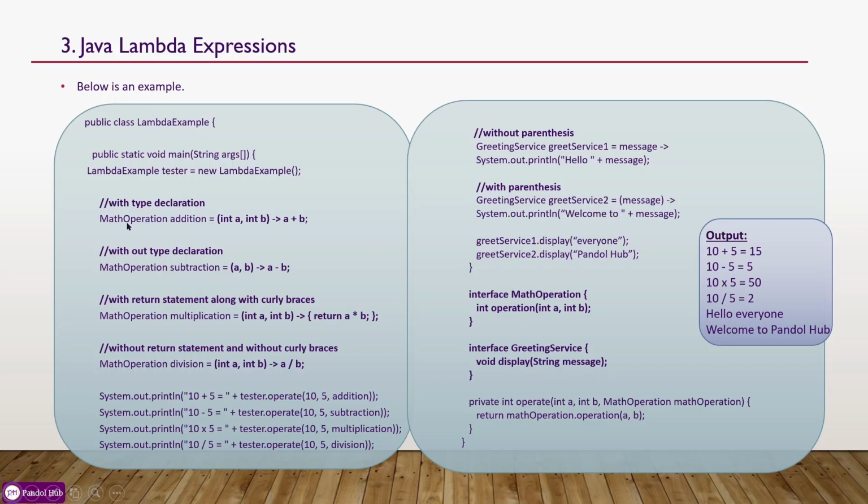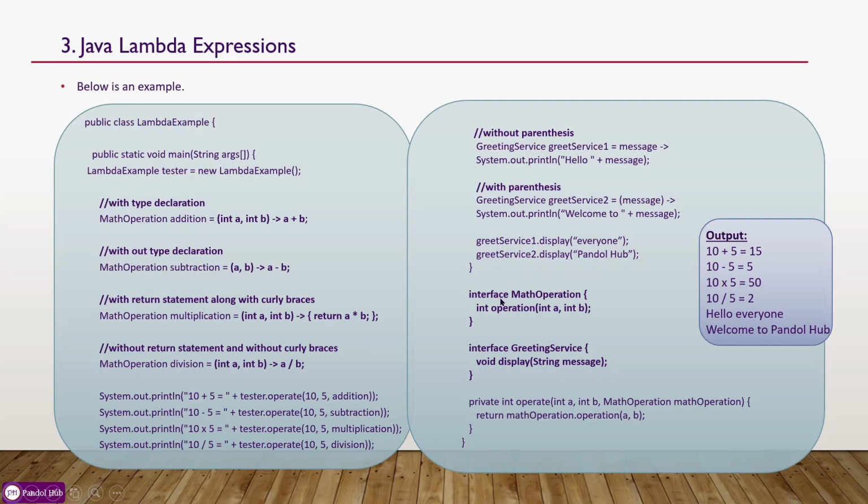Here I'm creating an object for the functional interface called math operation. And what I'm doing is mentioning the input parameters and the arrow token followed by the body expression. This body expression represents the definition for this operation function.